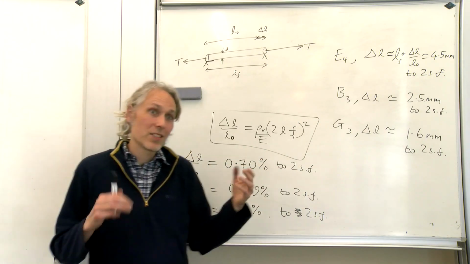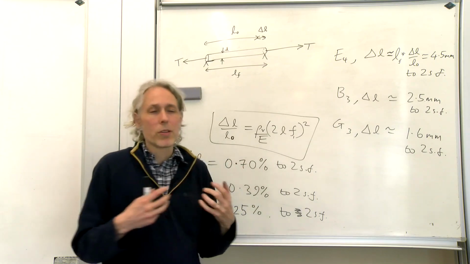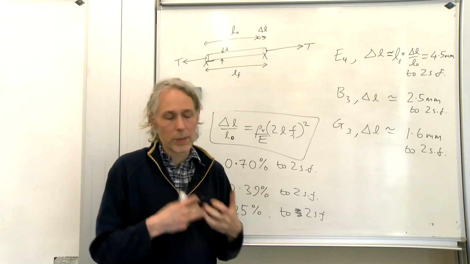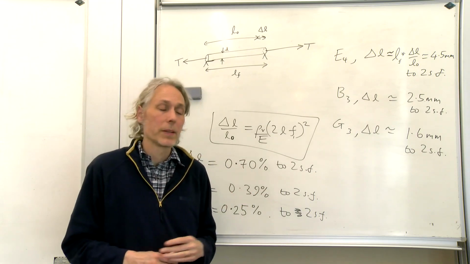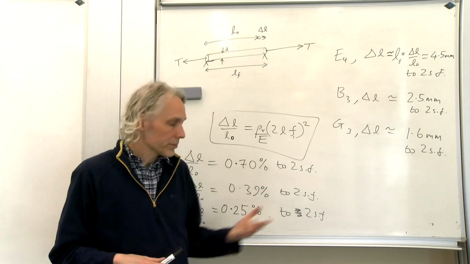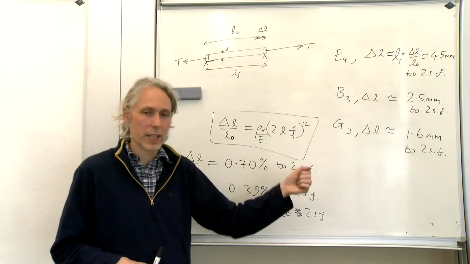And actually inside the structure within the metal, there are little dislocations that form and bind a little bit and strengthen the string a little bit. So you end up with the string being what's called work hardened. So that's part of what's going on when you initially are getting your string up to pitch.